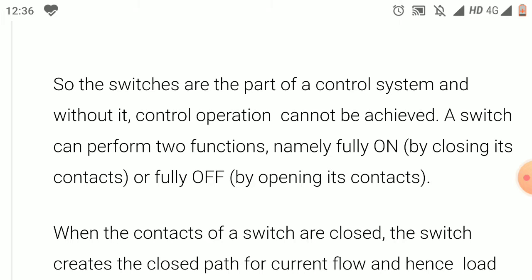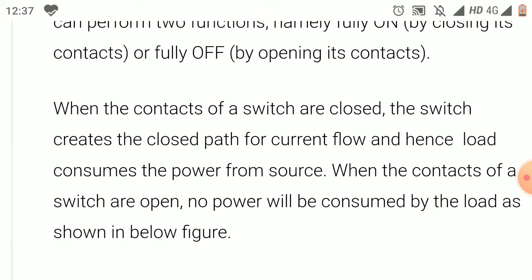Fully on when it is closed, fully off when the contacts are open. When the contacts are closed, it creates a closed path for the flow of current from the supply to the load. When the contacts of the switch are open, no current or no power can be consumed by the load which is supplied by the source.